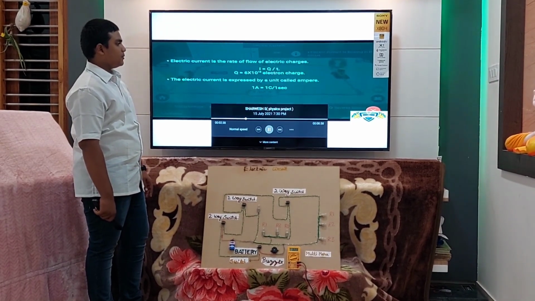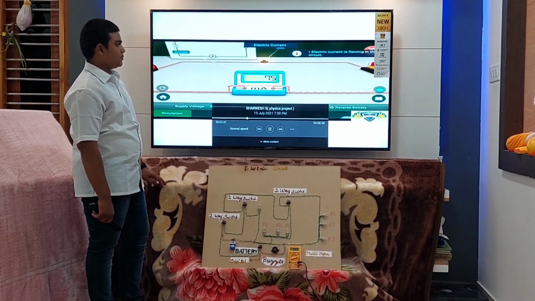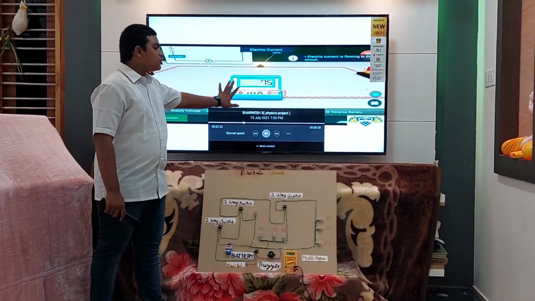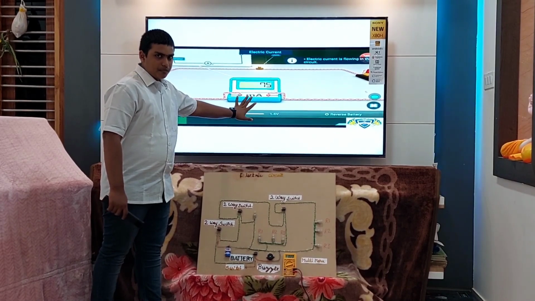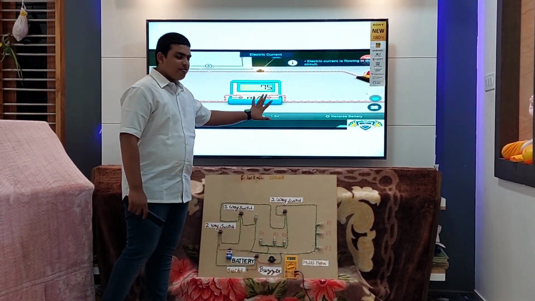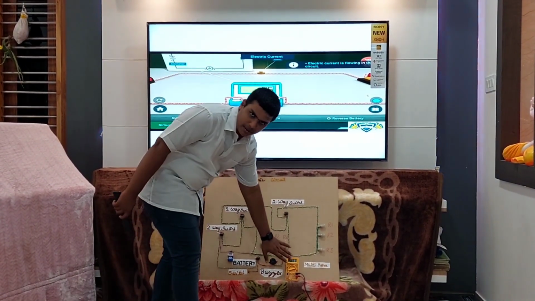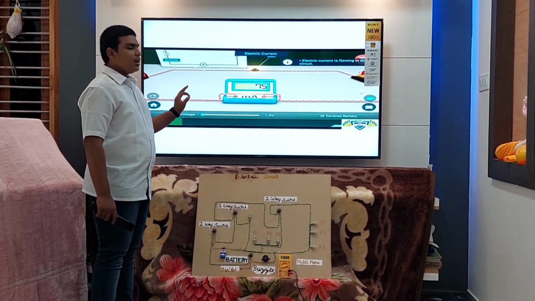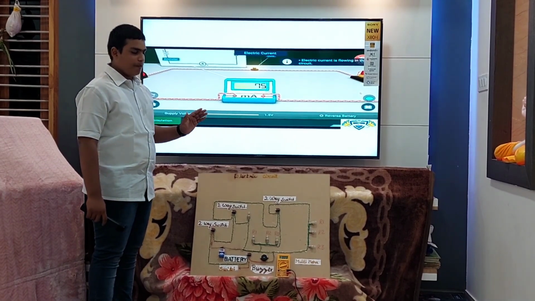An instrument called ammeter measures electric current in a circuit. Instead of an ammeter, I have used a multimeter for checking the resistance or current flowing through the wire.